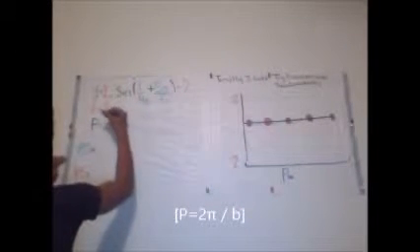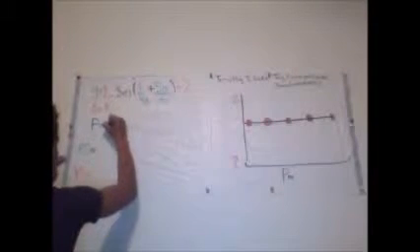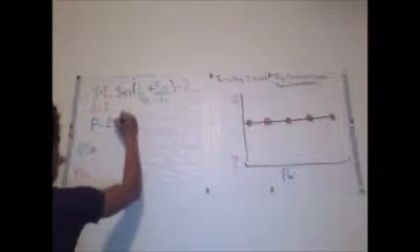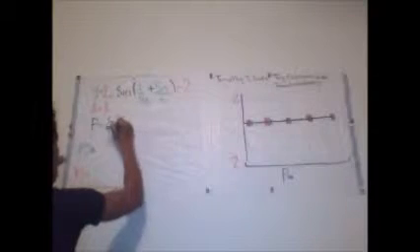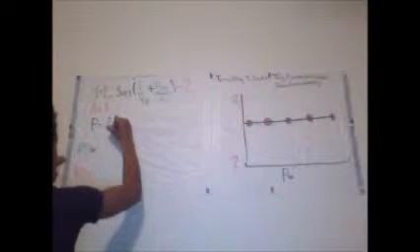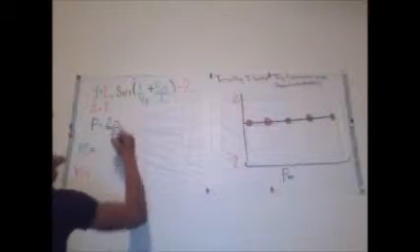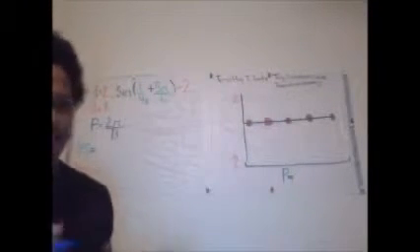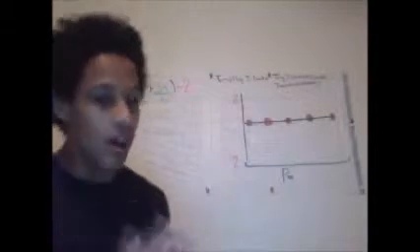It's 2 pi over b. That's it. It's no extravagant formula. It's not going to be so hard. Okay?